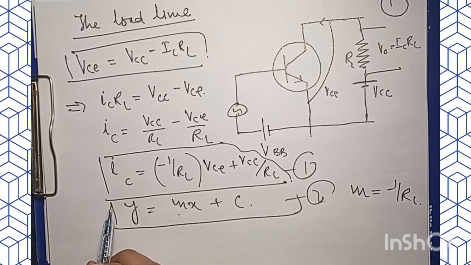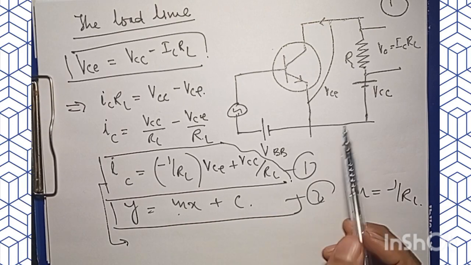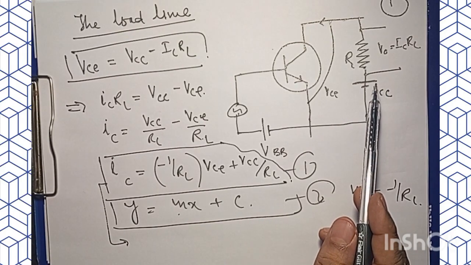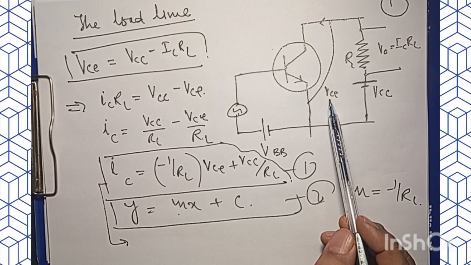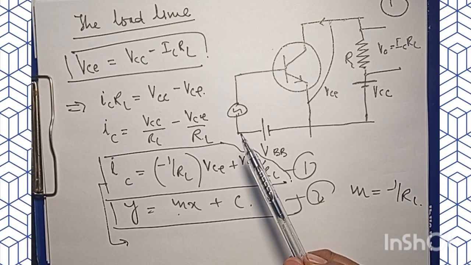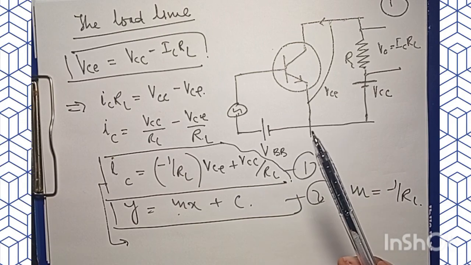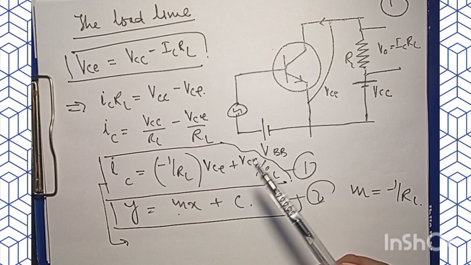Now, to use some boundary conditions for this problem, in this given circuit, VCC and RL are constants, and VCE and IC are the variables, right? So VCE is a variable and IC is the variable. Now 2 points can be easily calculated from this equation.